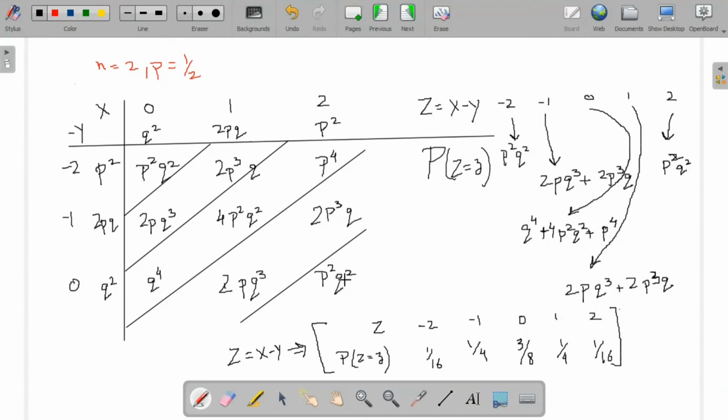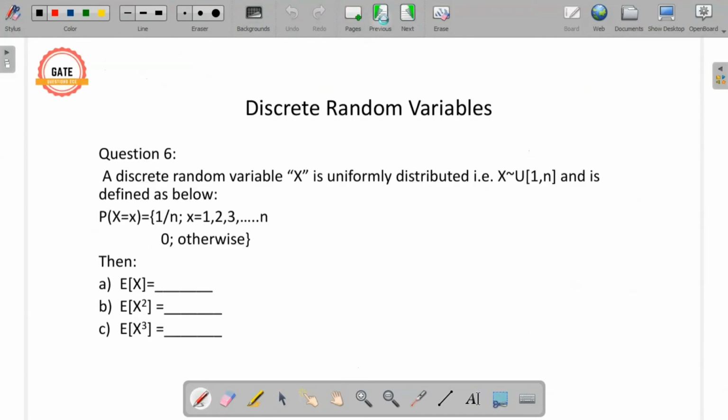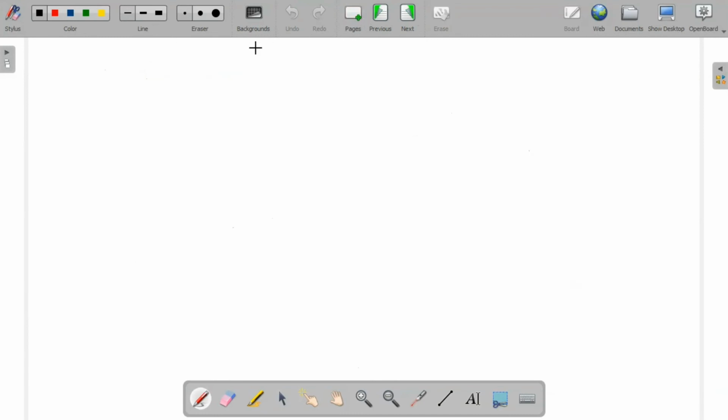So now I will move to next part of this question, which is I need to find out what is the PMF of mod of x minus y. So z2 is equal to mod of x minus y.